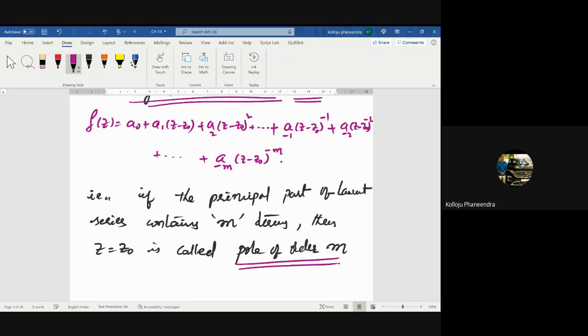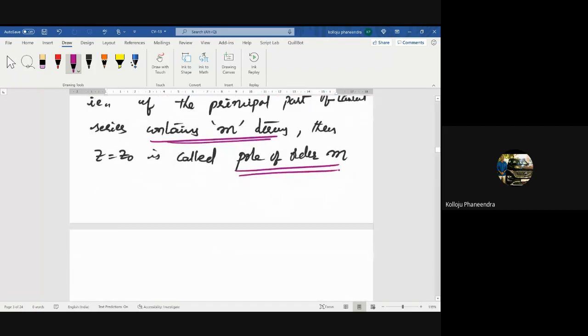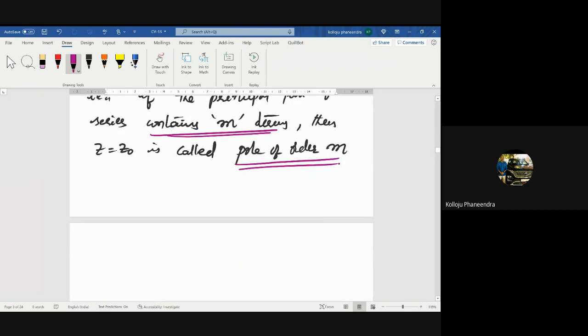This is important: it contains only m terms, up to m terms, then it is called a pole of order m. Okay, this is the definition of pole. Then what is the criteria to find this?